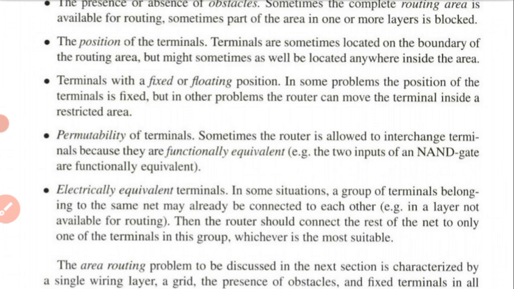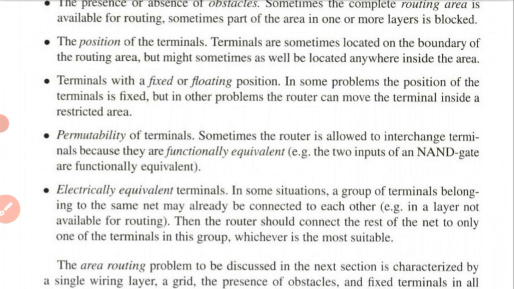Sometimes the terminals will be on the boundary of the routing area, but sometimes they will be located anywhere inside the area. So the position will be sometimes fixed or not fixed, sometimes on the border and sometimes inside the PCB.